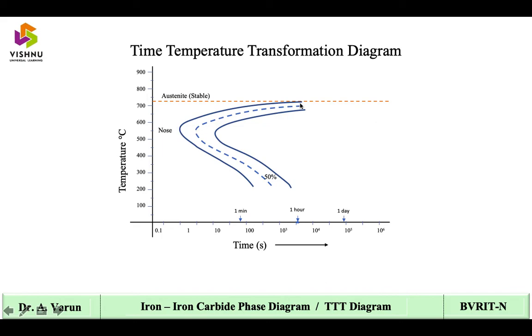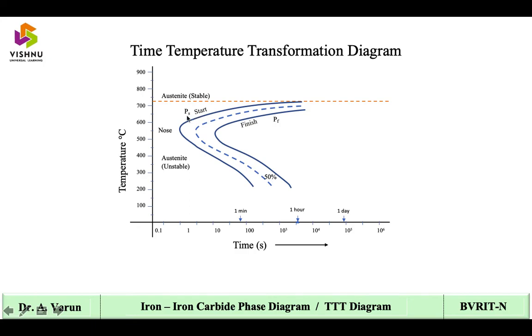You can see it looks like an S curve, and this is where the nose is. We call that the nose region, which is around 550 degrees centigrade. This is the zone where the austenite is unstable. Like I said, this is the start, this is the finish line, and 50% finish.